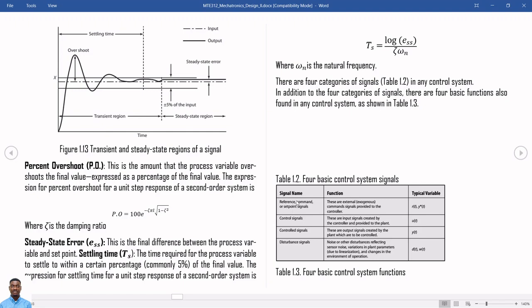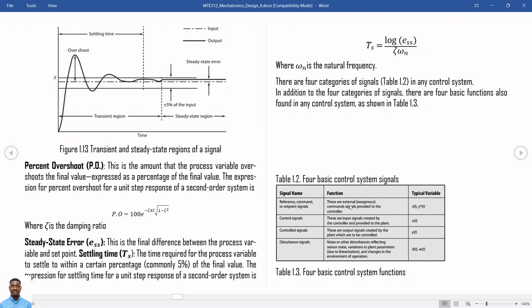We have your reference or command or set point signal. Like in the example of the room temperature that I explained, you set the temperature you want the room to be in. That temperature you set is your reference or command or set point signal, which is introduced externally.